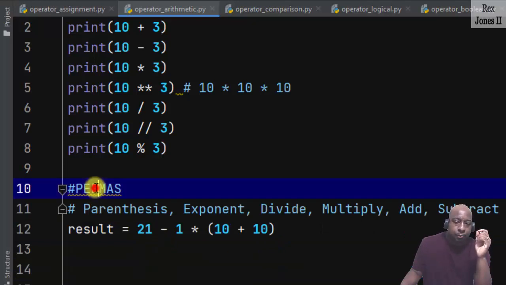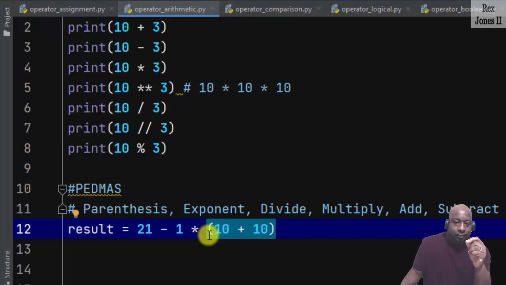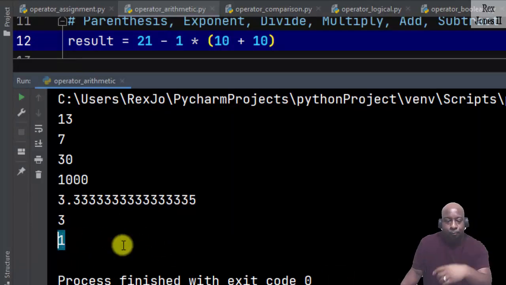But using PEMDAS, we begin with the parentheses. And that's equal to 20, 10 plus 10. Then multiply by 1. 20 times 1 is 20. Now we have 21. 21 minus 20 is 1. So when I run, the console shows 1.